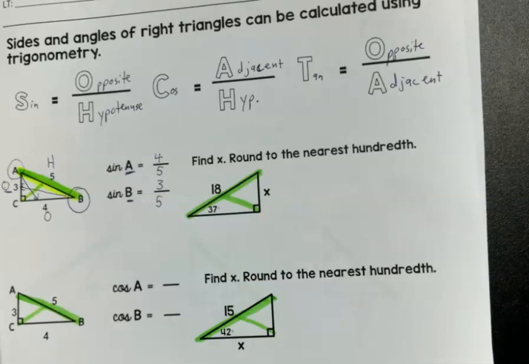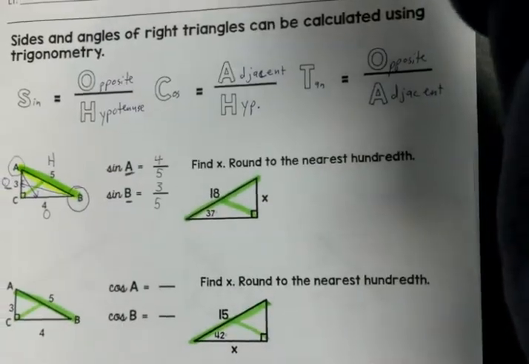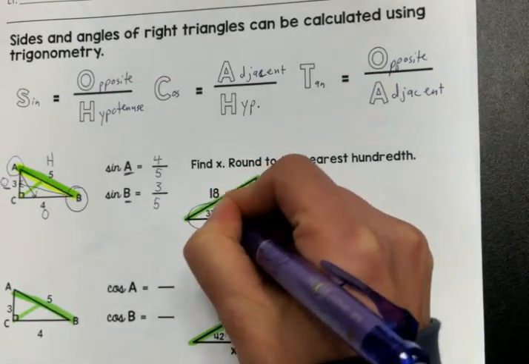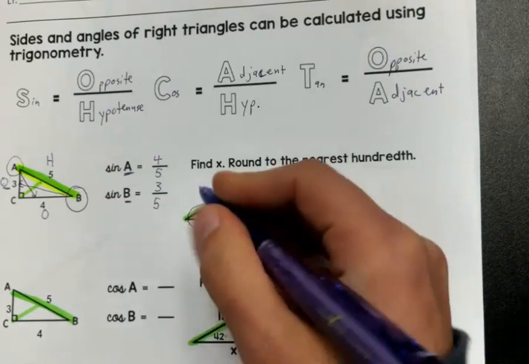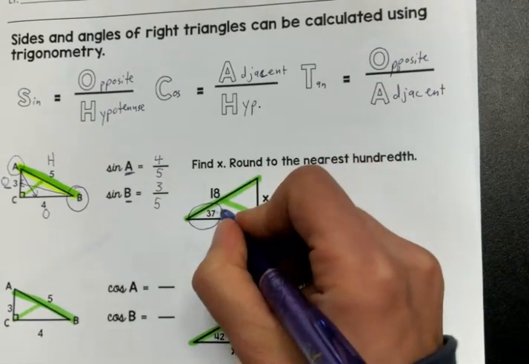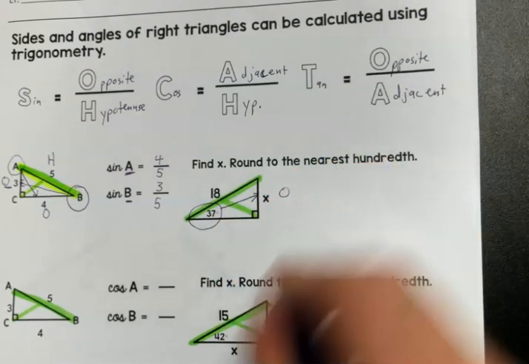All right. Now next, we're going to use this to actually find a measurement. Okay. So first of all, the angle that they are giving me this time, they've actually put an angle right here. So here's the angle. Okay. So then I have to go in and say, hey, what else is filled in? Well, the other side that's filled in is the side that is opposite that angle.